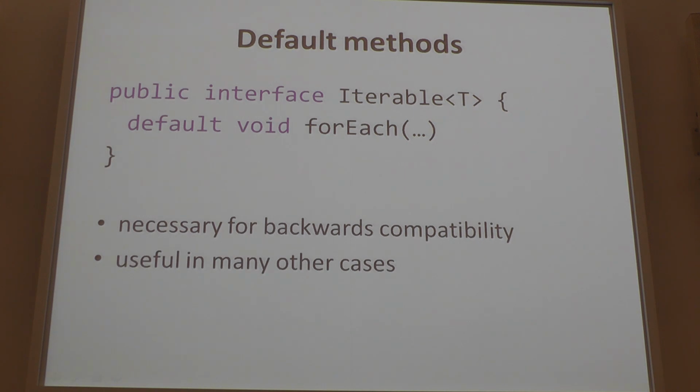Without them, it wouldn't be possible to add lambda expressions and the new stream API and parallel collections in any meaningful way. You would have to create some special classes without modifying the standard collections, and it would be very hard to use this API and to interoperate with older libraries. So it was added out of necessity, but it turns out it's useful in many other cases, and it is something quite similar to traits in Scala.